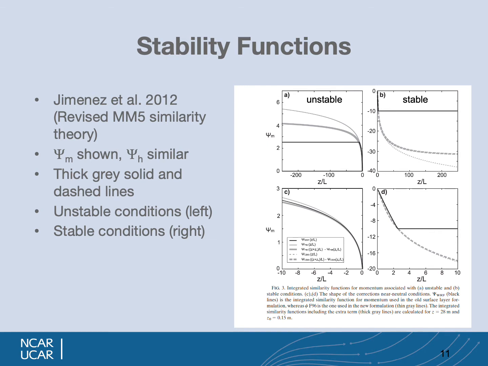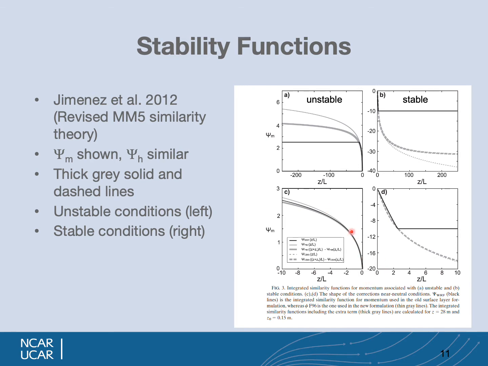The stability functions themselves are given here in graphical form. The unstable function is positive, and psi is a function of z over L, and this is the value over a large range, and this is the same function over a smaller range.